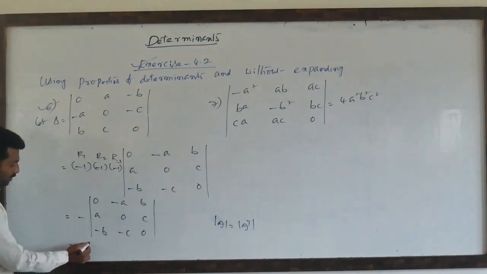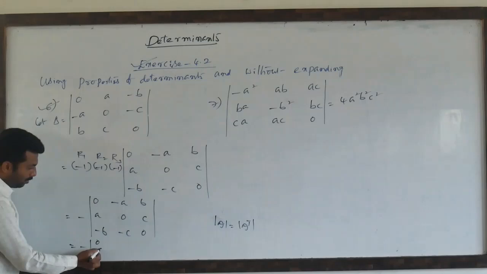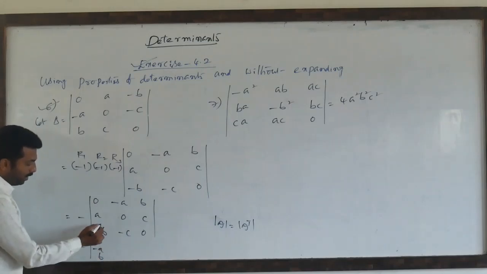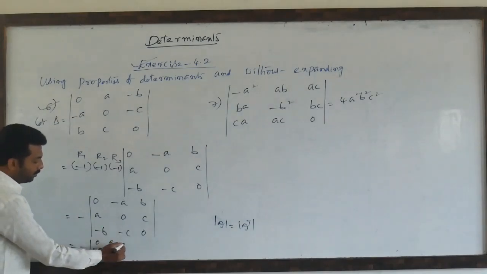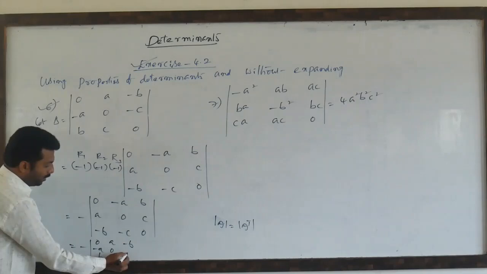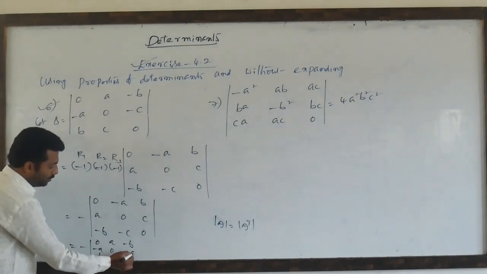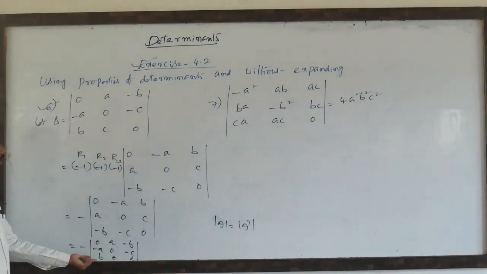Now this is minus, it's a transpose. See here: 0, minus A, B. The second row becomes the second column: A, 0, C. The third row becomes the third column: minus B, minus C, 0. So this is the same as delta only, no?